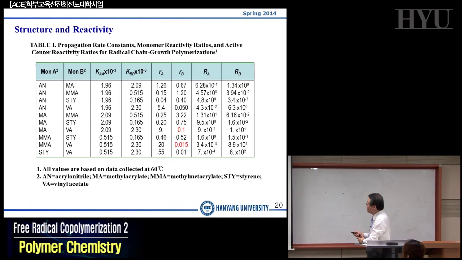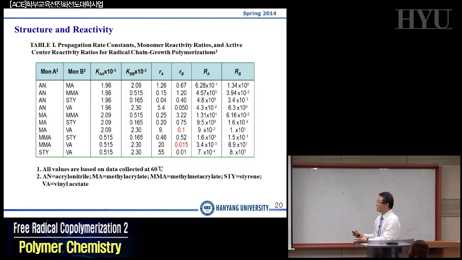If you take a look at the second row, 0.1, 1.2, 4.7, 3.94 times 10 to the minus 2. So, if you have a larger small RA, your large RA is always smaller than large RB, right?